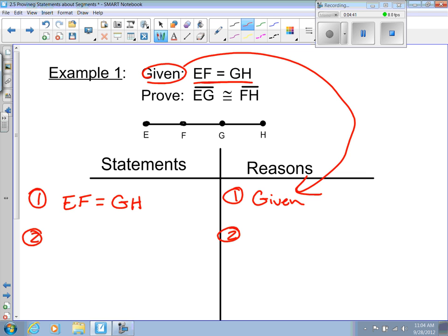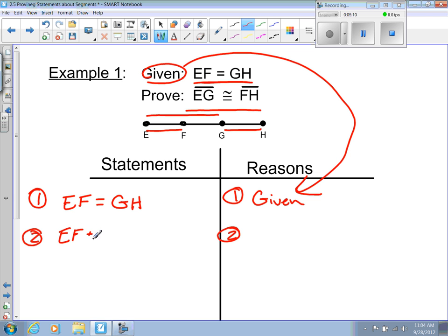Here we go. Let's instead say I see EF. It's important to use your pictures, EF and GH. I want to prove that EG is congruent to FH. This FG is in the middle. So I'm going to take EF and GH and add the same thing to both.